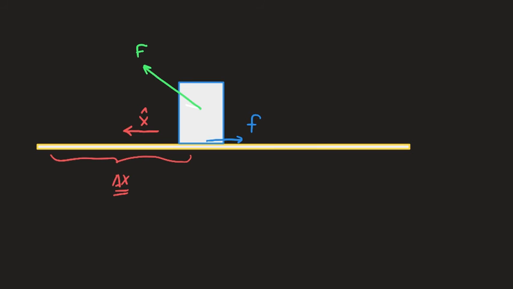So if x represents the direction of the displacement, then you're trying to use the dot product to indicate how much of each of these forces has to be in the direction of the motion. So delta x establishes the direction of motion, and the dot product tests to see how much of each force is in that direction.